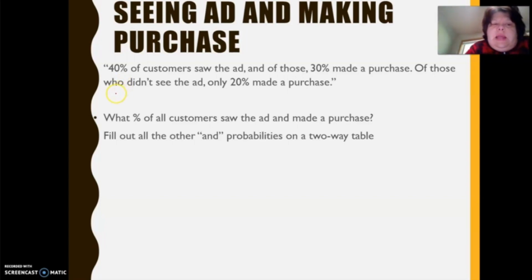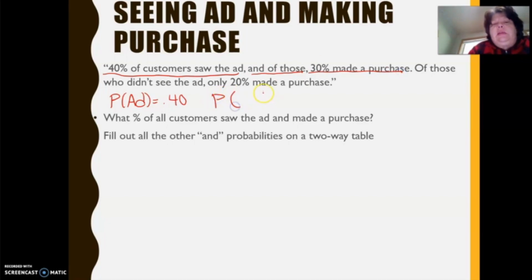So first thing you want to do is label what you have. 40% of customers saw the ad, so probability of ad is 0.4. And of those who saw the ad, 30% made a purchase. So out of those who saw the ad, you put purchase here. So probability of purchase given ad is 0.3.